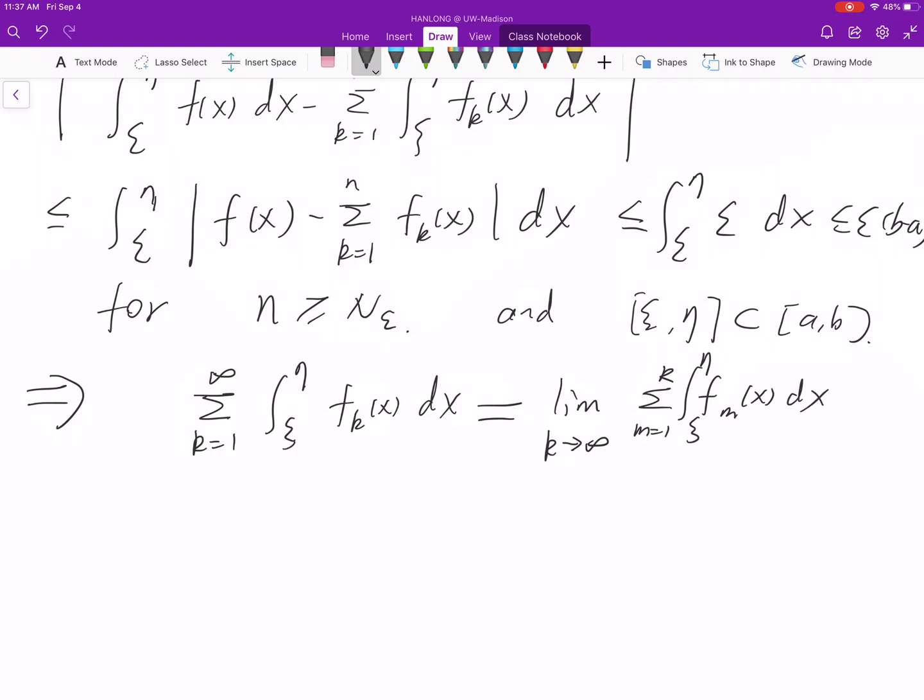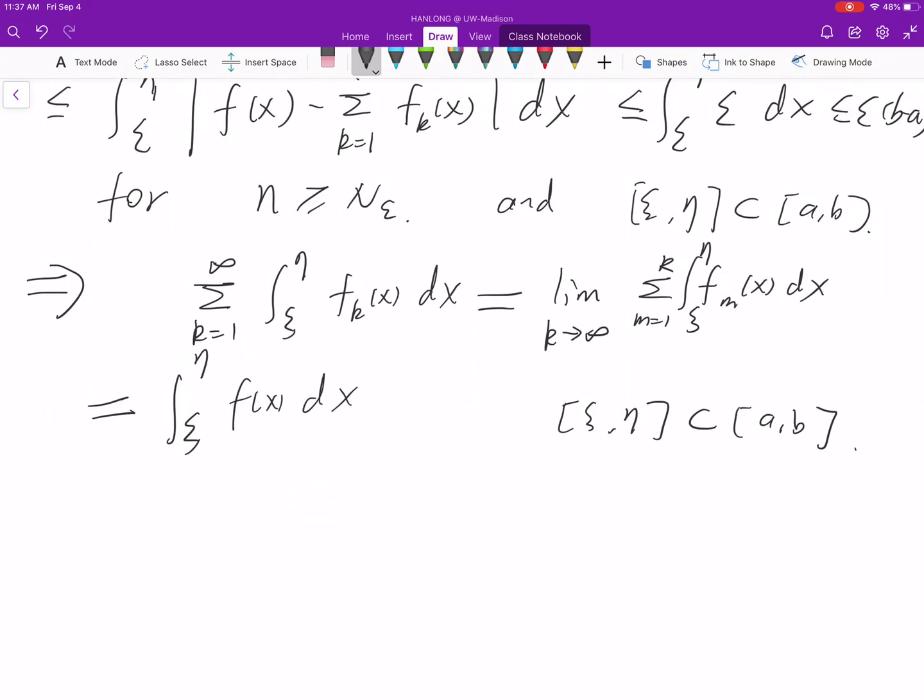Okay, and by the above argument, we know that the limit of this is the integral from ξ to η of f(x) dx. So for any subinterval in AB, then we conclude the second one.